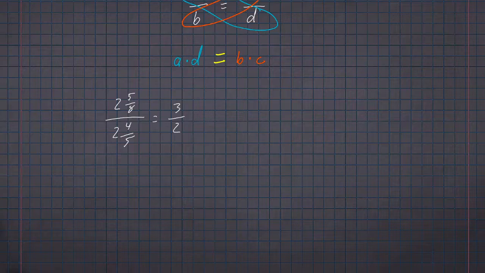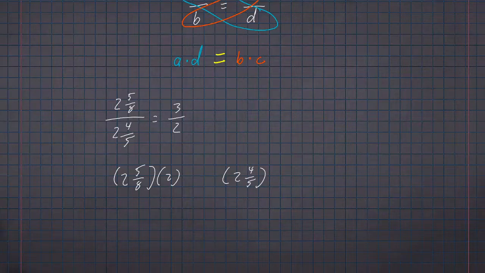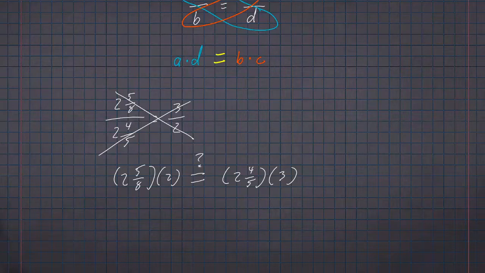So 2 and 5/8 times 2, and 2 and 4/5 times 3. The terms across this way, the terms across that way. I want to know if this is true, so I put a question mark above the equal sign to say I'm trying to figure that out.